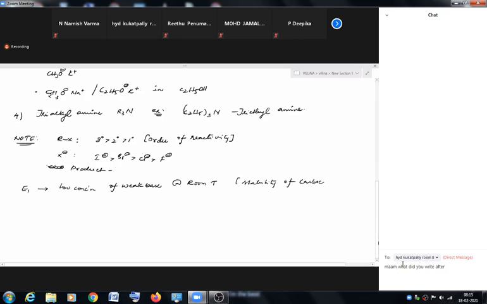And now when it comes to E2, here we require high concentrations of strong base, then only the beta elimination will happen. This requires some heating, some high temperature, because the rate is directly proportional to temperature when it comes to the E2 mechanism, and it happens at relatively higher temperatures compared to room temperature. So this is everything about dehydrohalogenation.